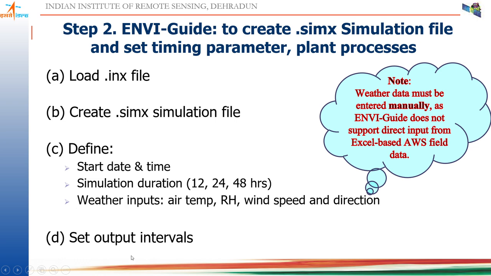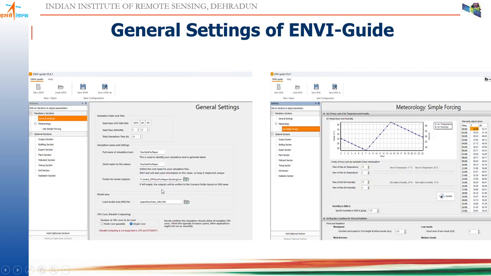Weather input and the time interval are very important. How much interval you need, 5 minutes or 10 minutes, depends on the simulated data you will require after the simulation completes. Be careful about putting this value. These are the general settings.